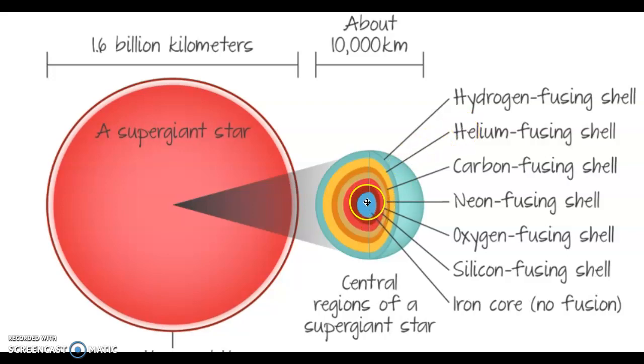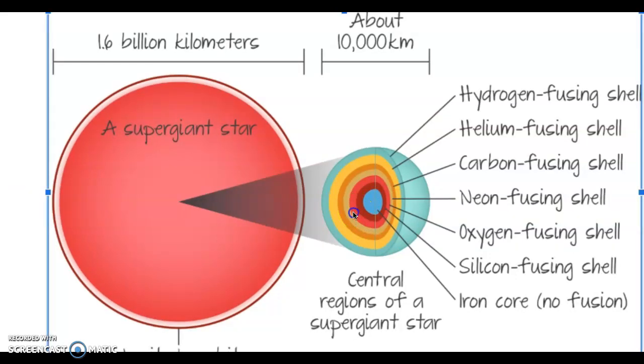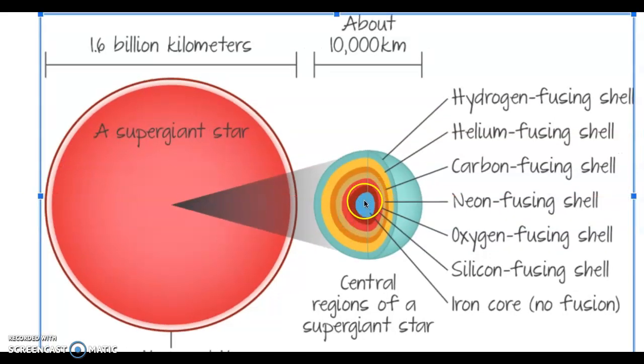The next shell starts to make helium. So it starts to change hydrogen into helium. That generates a huge amount of energy and heat, and that enables the core then to fuse the helium together and make carbon, right?